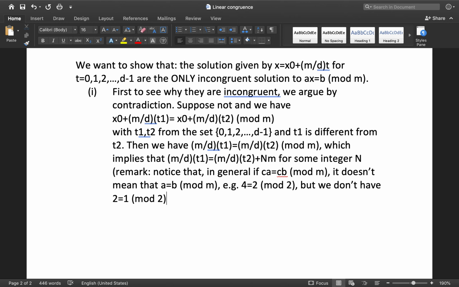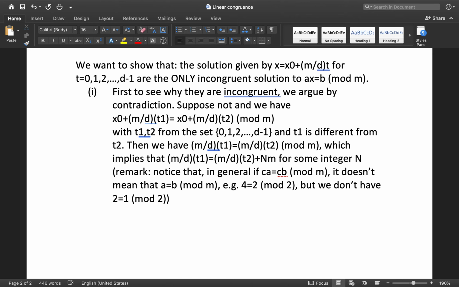Because you want to divide by 2, but 2 is congruent to 0 modulo 2. So we just try to divide by something that is 0. Anyway, so this is not true. You cannot cancel numbers for a congruence relation. Of course, on some special occasions, you can do that.